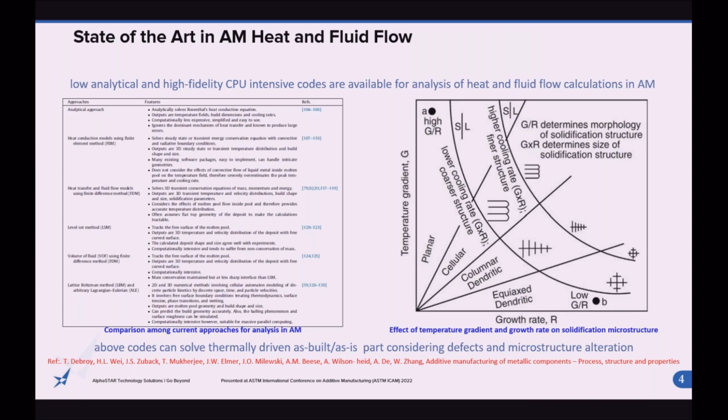The tools have varied capabilities, and many of them are mostly in scientific codes. Few are working their way into commercial products as well. And they can solve thermally driven as-built effects and defects measurements and understand both microstructural alterations and ultimate impact on build quality.